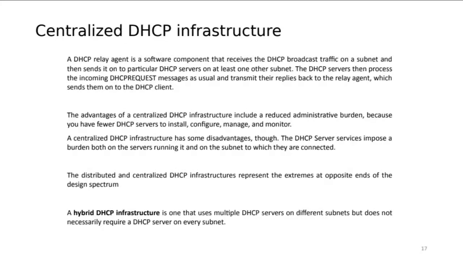Overload. It is putting overhead on your server that is running the DHCP and on the subnet, because all the requests are coming to only one server, and that server is in one subnet.